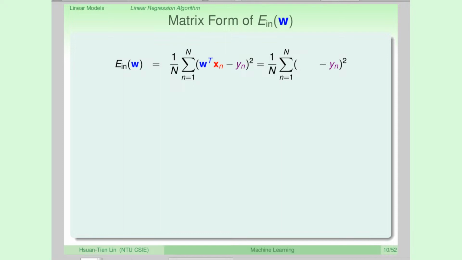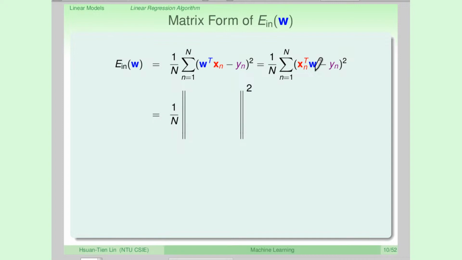Before we do that, let me first make a very small modification that swaps the order of the inner product w transpose x to xn transpose w. This is simply for making the math look a little bit easier, and you know that inner products are just exchangeable.